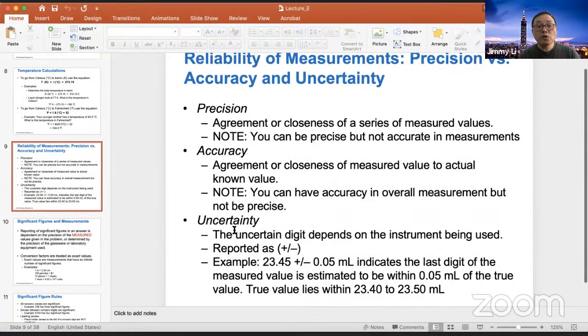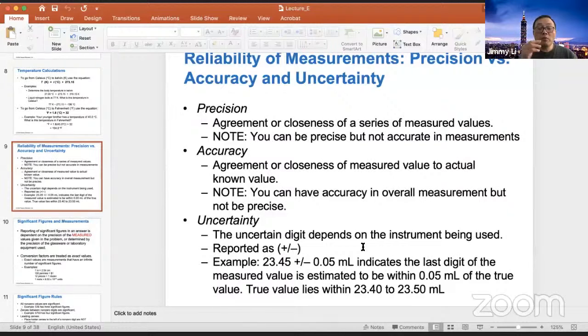Now, uncertainty. Uncertainty always depends on the type of instrument we use. If you're not given a type of instrument, just looking at the number, usually the last digit is where our uncertainty is.